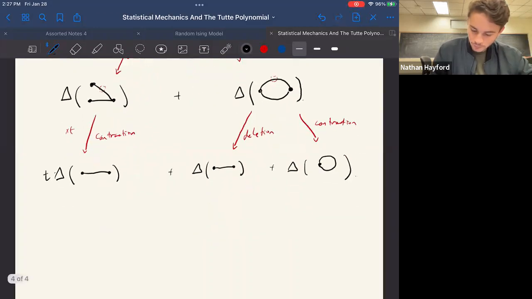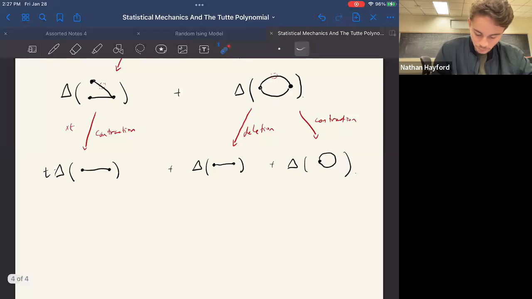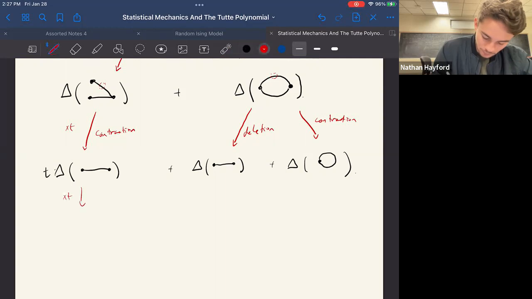So for the rest of these, I just compute the remaining Tutte polynomials. The Tutte polynomial of a single vertex is defined to be 1, or you can compute it to be 1. And the rest of these are simple operations. Here I contract again, and I end up with t squared times the Tutte polynomial of 1, which I can easily compute to be 1. Here I contract again, and I get t times the Tutte polynomial of 1.